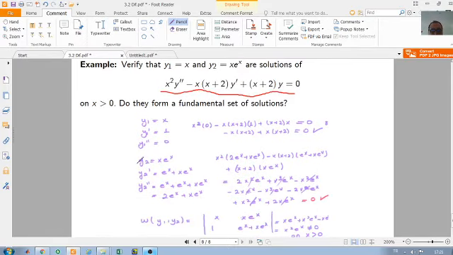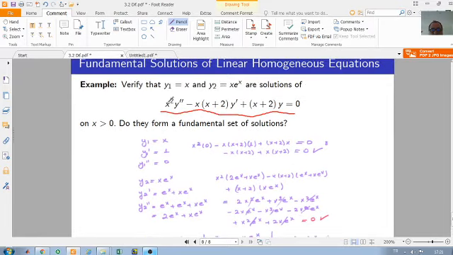Similarly, the first and second derivative are written here for y2, and writing these values into the differential equation, we similarly obtain 0 for the left hand side. So y2 is also a solution for this linear second order homogeneous differential equation.